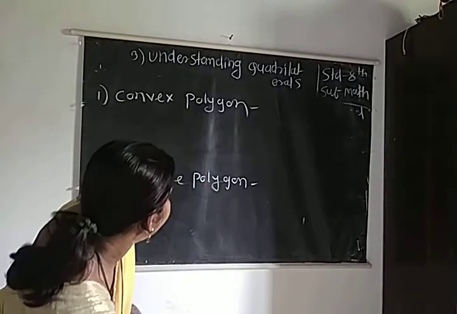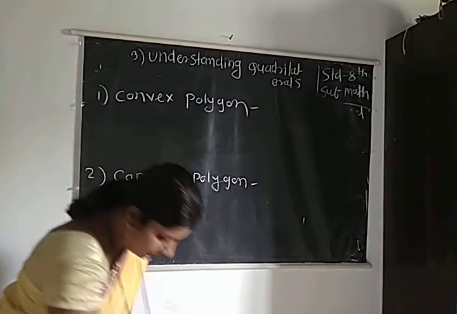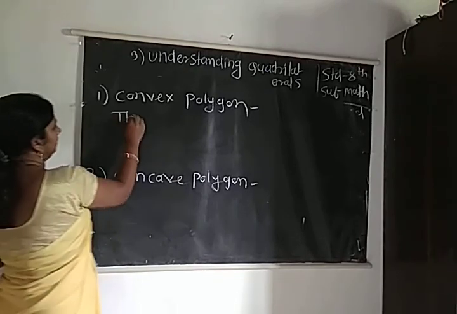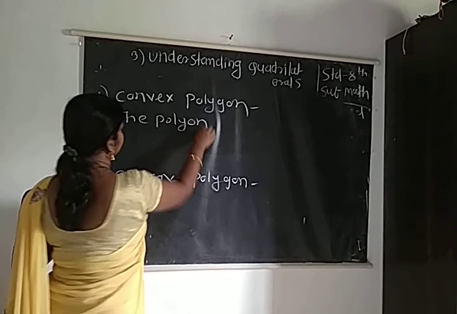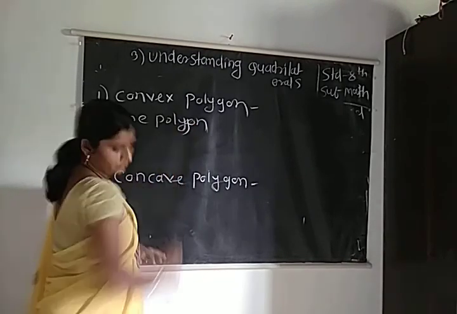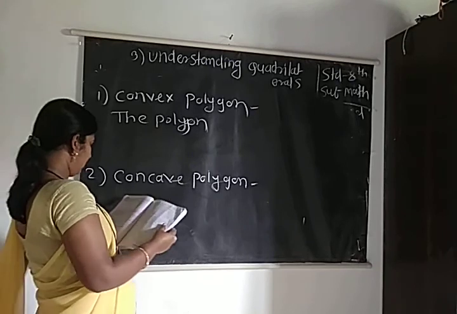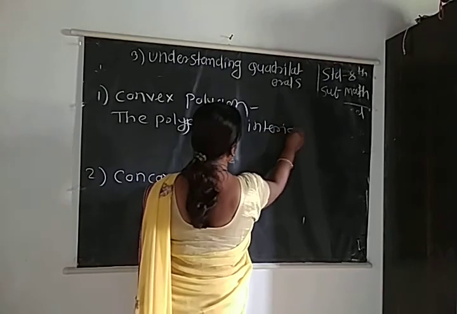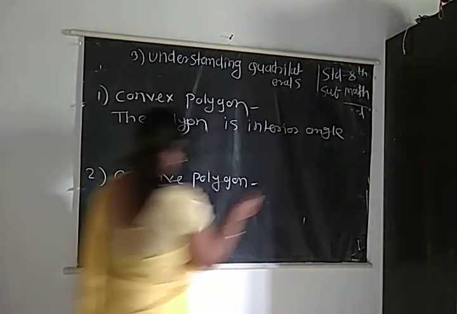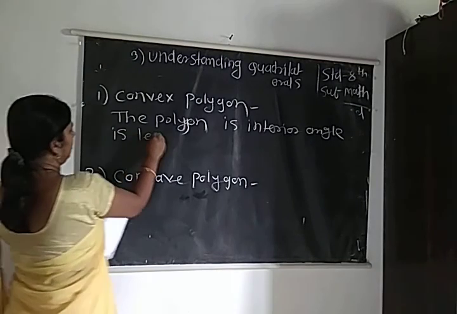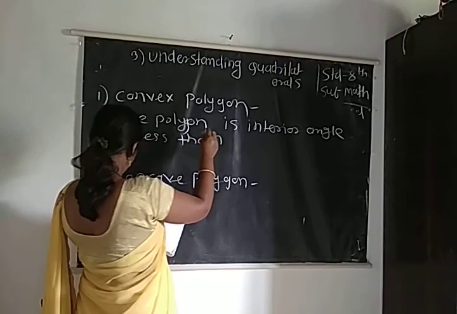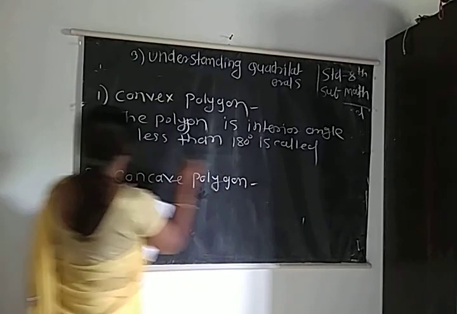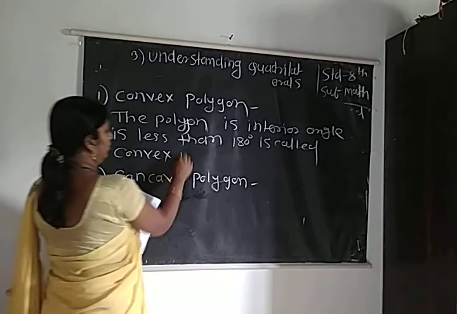So convex polygon means, the convex polygon definition is: a polygon whose interior angles are all less than 180 degrees is called a convex polygon.